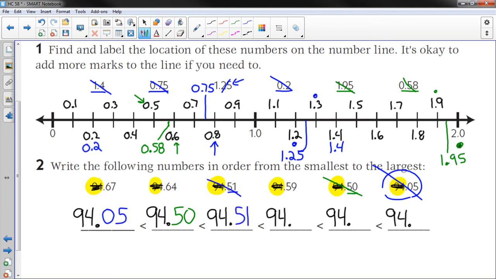I'm going to cross it out. Now I have 67, 64, 59. 59 is the smallest. Cross that out and write it down. Got 2 left. 67, 64. 64 is smaller. Cross that out. 64. And the last one, 67.